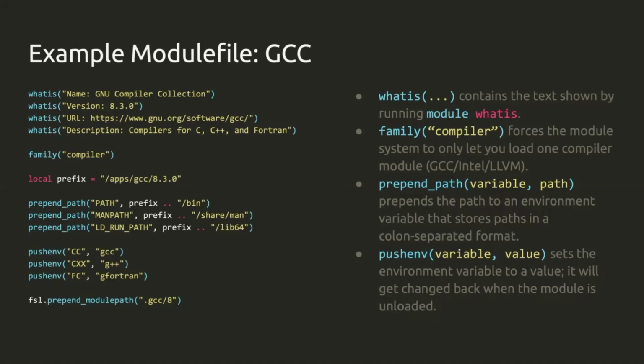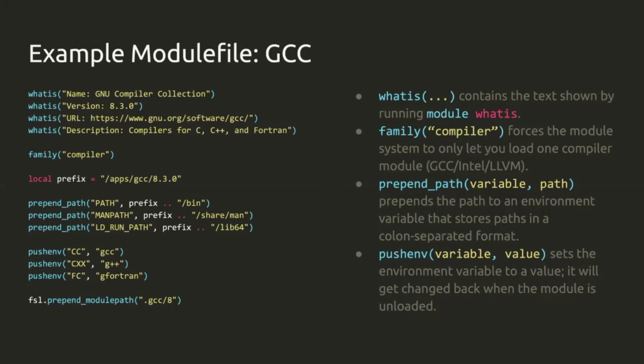Not every environment variable works like that though. And so the generic command for different environment modules is going to be the pushenv command. So we're setting up CC to be equal to gcc, CXX to be set to g++, and FC to be gfortran.